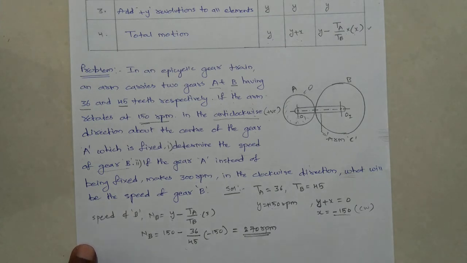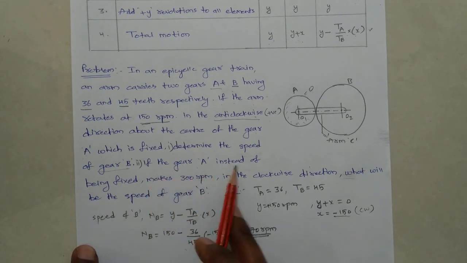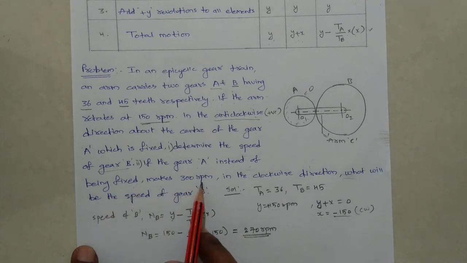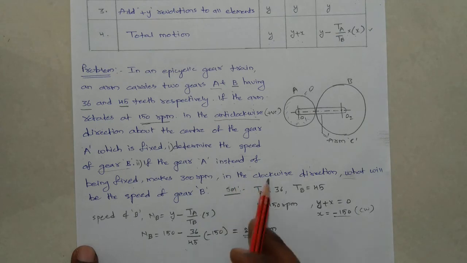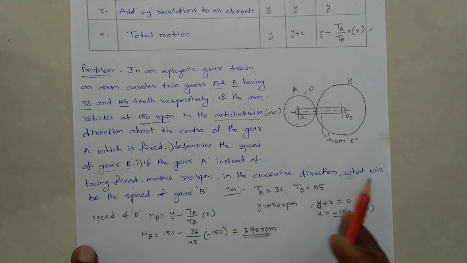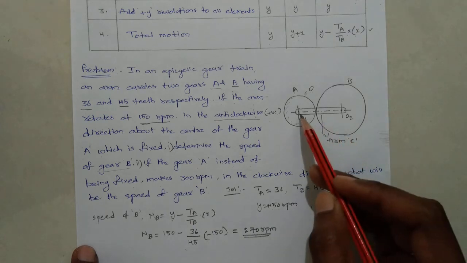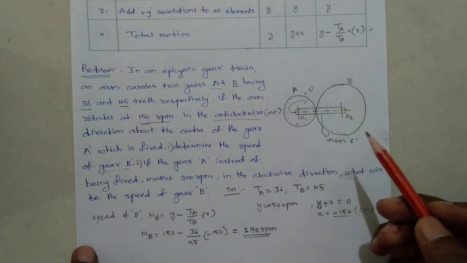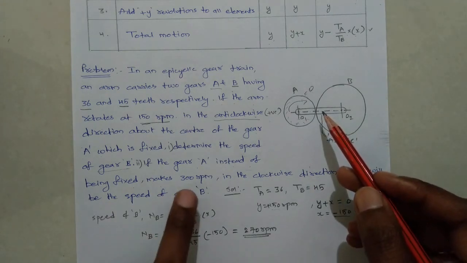Now in the second case, he has asked one more thing, that is if gear A instead of being fixed makes 300 RPM in the clockwise direction, what will be the speed of gear B? So here, instead of being fixed, it is having some RPM in the clockwise direction, that RPM is 300.